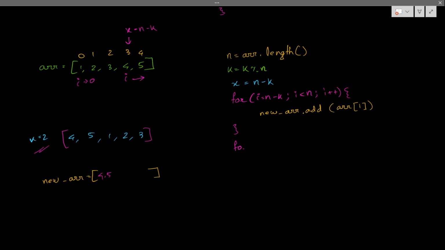So I have to iterate for i from 0, i less than x, i plus plus. And what I have to do? New array add array of i.